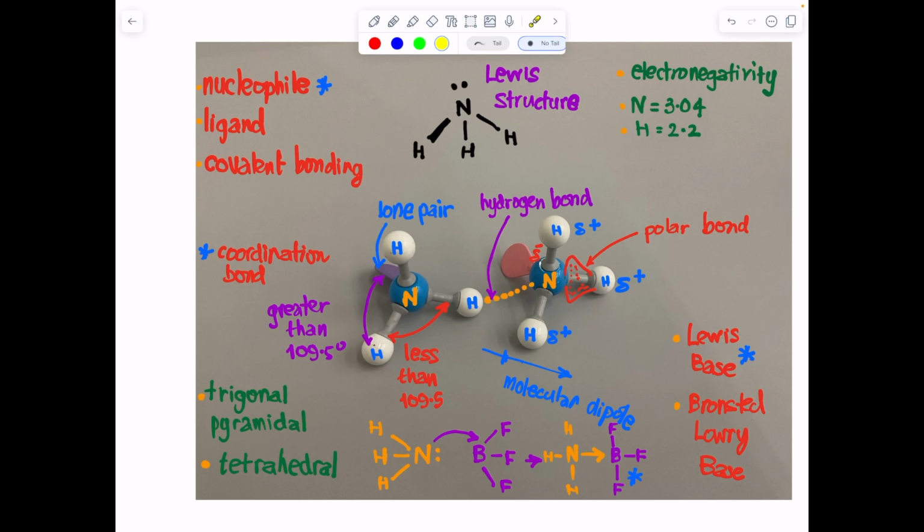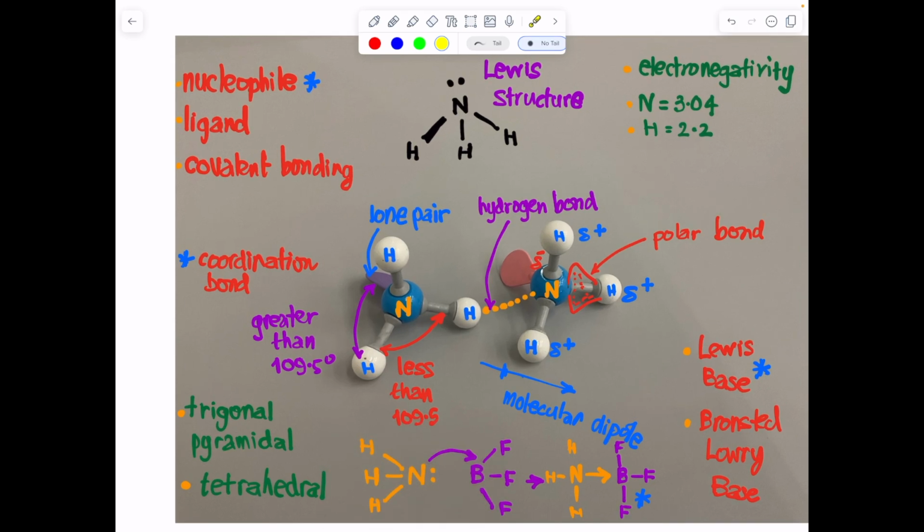Ammonia also happens to be a Bronsted-Lowry base, which means that it can accept a proton. A hydrogen ion could actually become joined in here as well, and it would form the ammonium ion. And bases are proton acceptors, so ammonia is also a Bronsted-Lowry base.